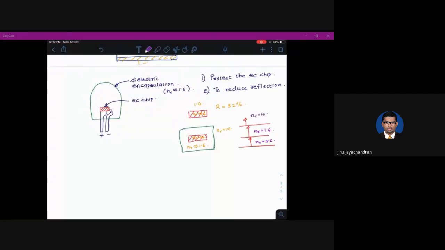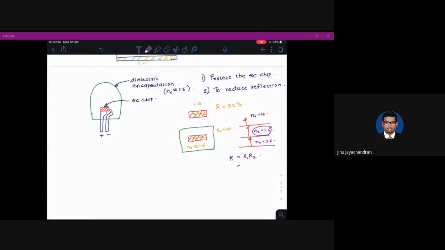So what's the advantage of this? The final reflectivity is the combination of the product of the reflectivity of each of the layers. Since the difference in refractive index at each interface is smaller, the reflectivity is low, and once the light goes from n equal to 1.6 to 1.0, again the reflectivity is low because the difference is very small.